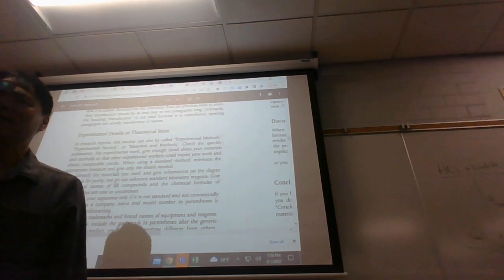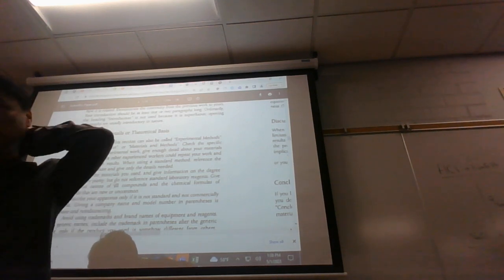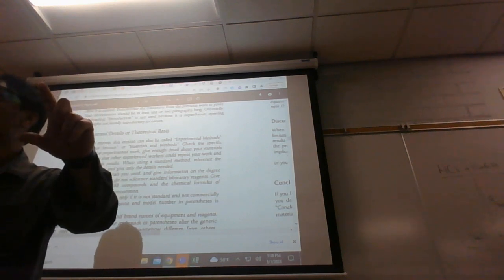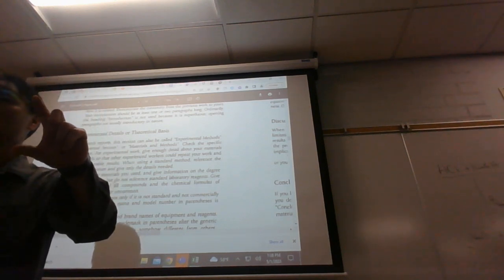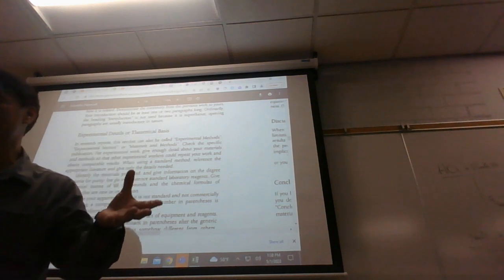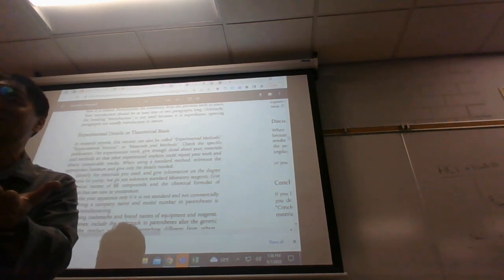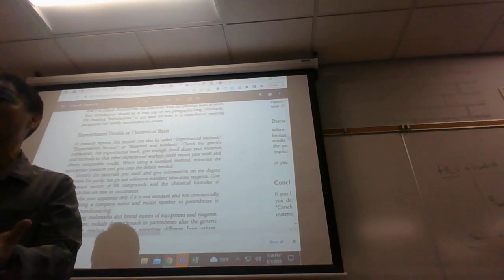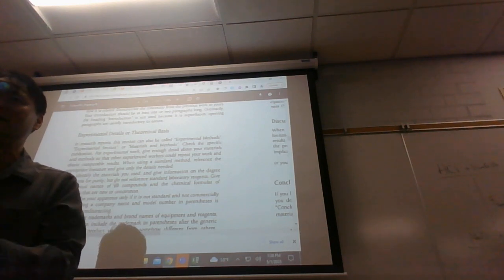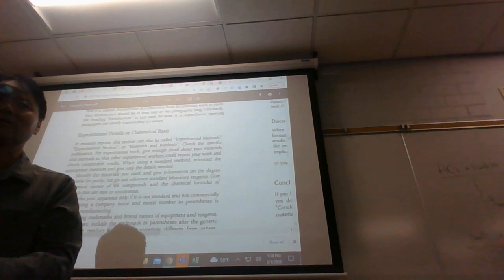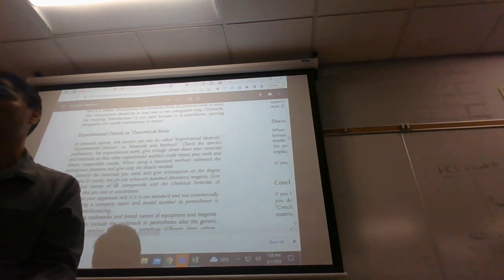The other things you could leave out are, did you weigh the weighing bottle? In fact, we could leave all that weighing stuff out. All we need to say is how many grams of sample we have, because other people can figure out how to weigh things on their own. They don't need step-by-step instructions on how to weigh samples.